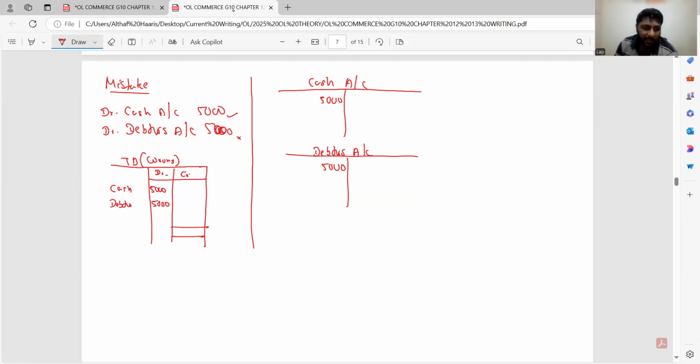That means this is not balancing. So a 10,000 will come to the suspense account, on the credit side. You have written it on the credit side. Suspense account, don't write yet, I'll give you time to write, from the trial balance.